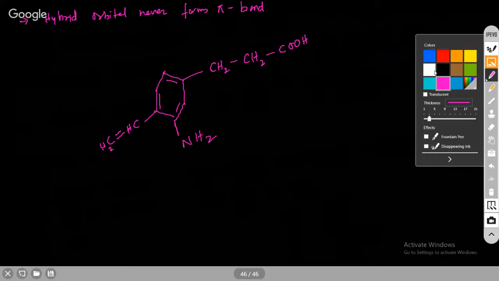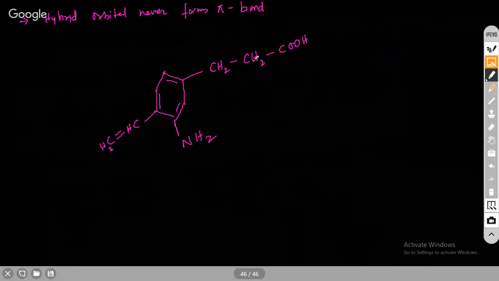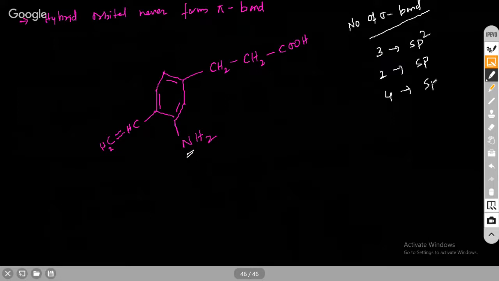If you have to find out the hybridization of each carbon atom, this nitrogen, these two carbon atoms, in this kind of question we cannot find out the number of valence electrons and all those things. So when the structure is given like this in organic chemistry, you just count the number of sigma bonds. If number of sigma bond is 3, sp2; number of sigma bond is 2, sp; number of sigma bond is 4, then sp3. These are the only three general things you'll get in this kind of question.